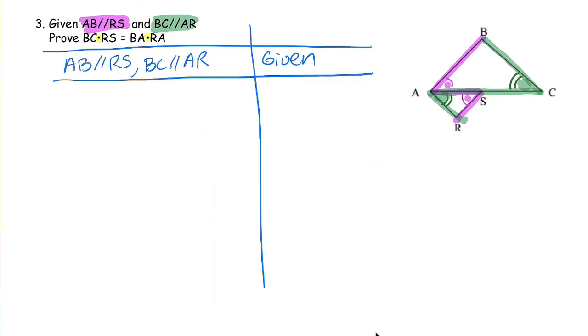What's important in this problem is to realize that as we're going to be naming these angles in the proof, you either have to name them with 3 letters or you need to number them if there's more than one at any spot. So like at point A, the vertex A has a lot of angles going on there. It has this angle, and then it has those angles together.